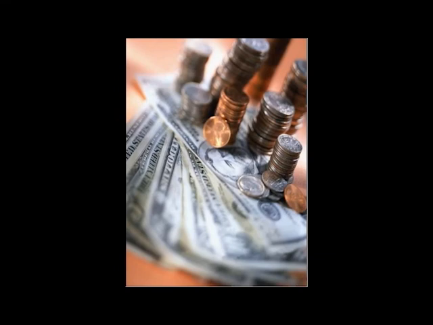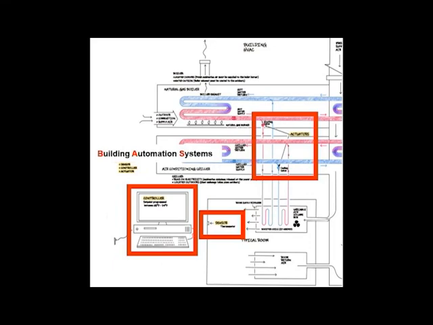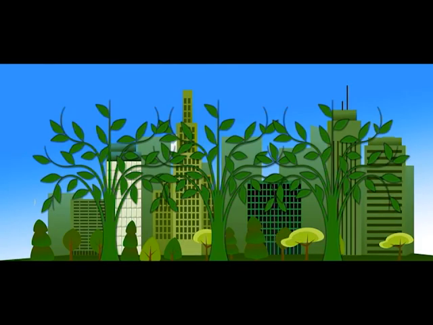It wastes money, it wastes natural gas and energy resource, and it puts unnecessary waste or pollution into the air. A system like this, which is automated to deliver comfort and efficiency, is only as good as its human interface. But if people are educated like you are becoming, and the system is set up well, which you are learning to do, it works exceptionally well to provide comfort, efficiency, cost savings, and environmental savings.